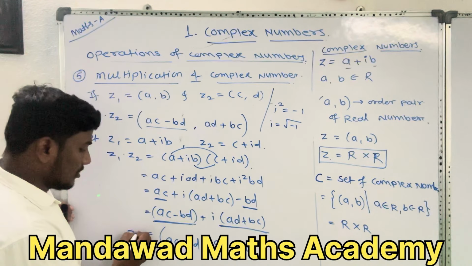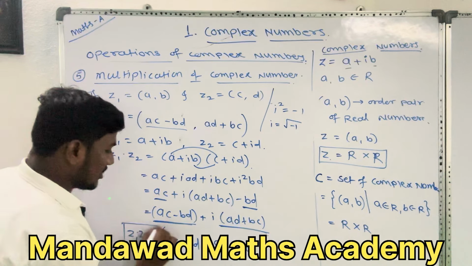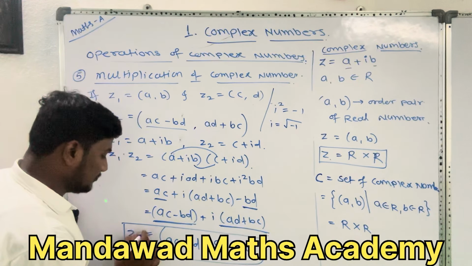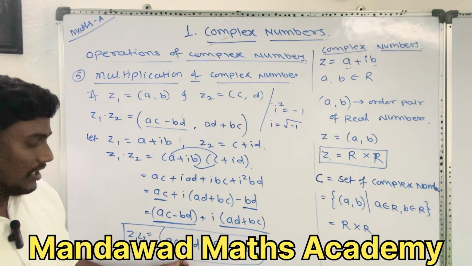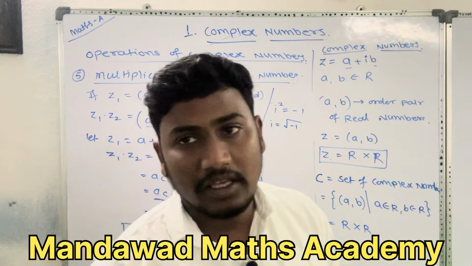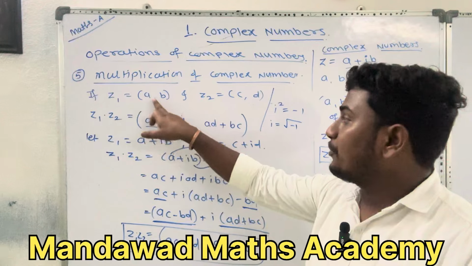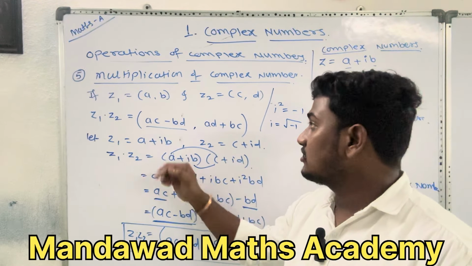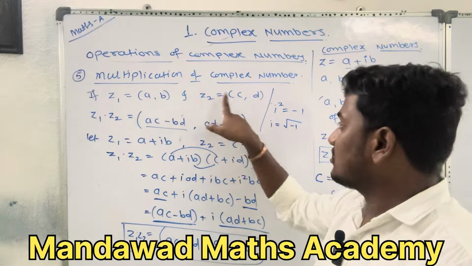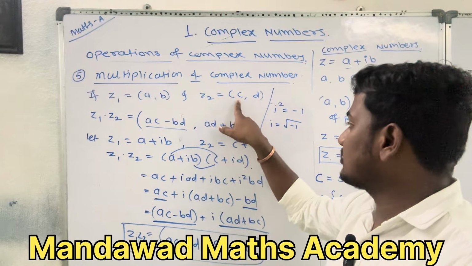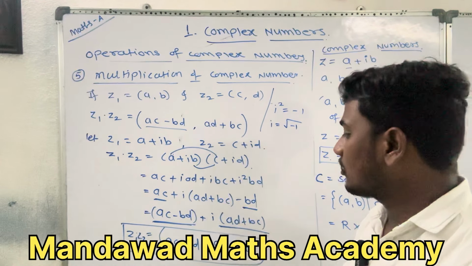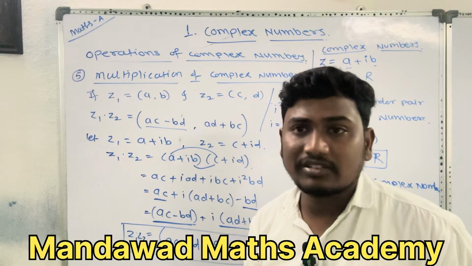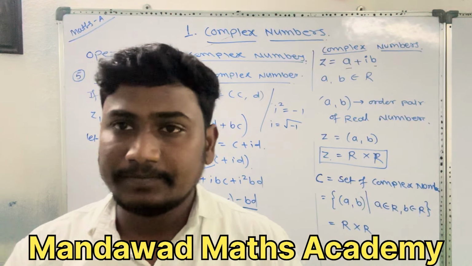So this is the product of two complex numbers, Z1 into Z2, you can remember AC minus BD and AD plus BC. This is the multiplication of two complex numbers.